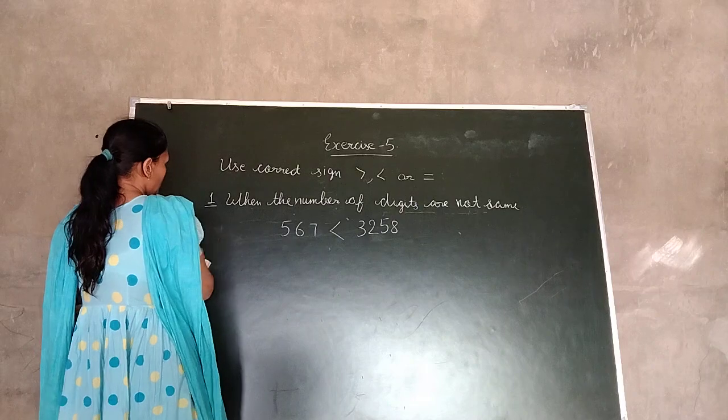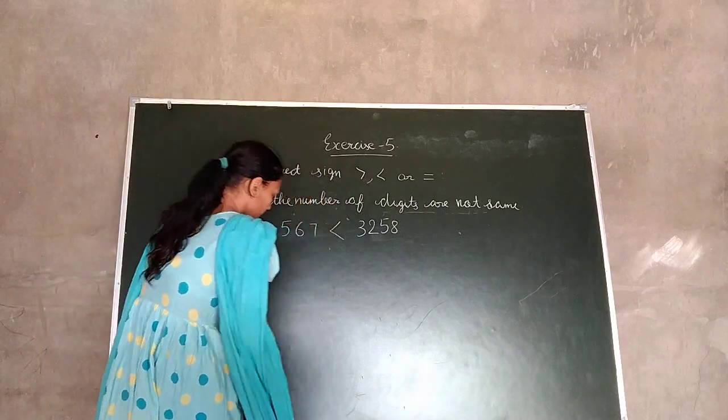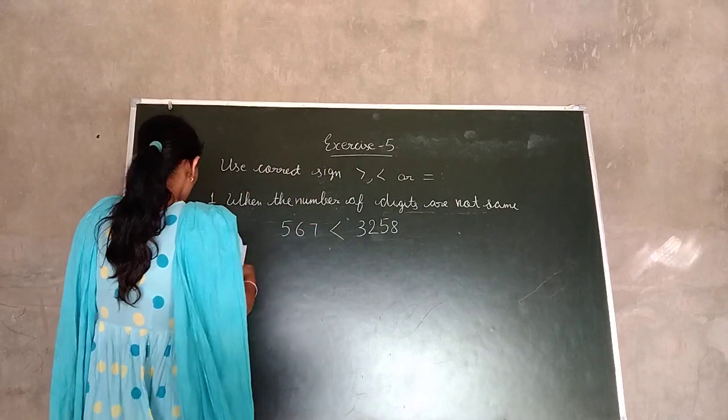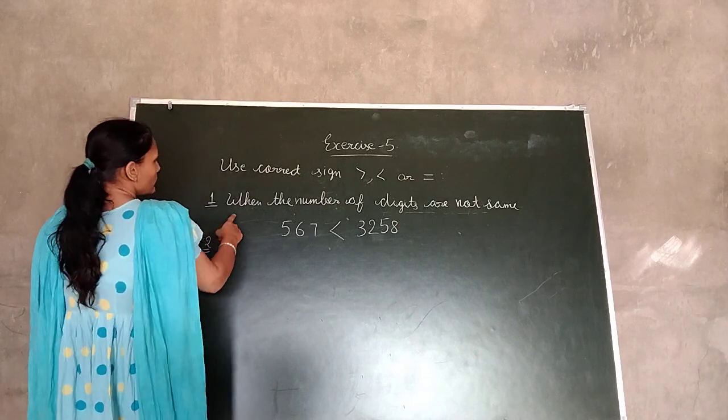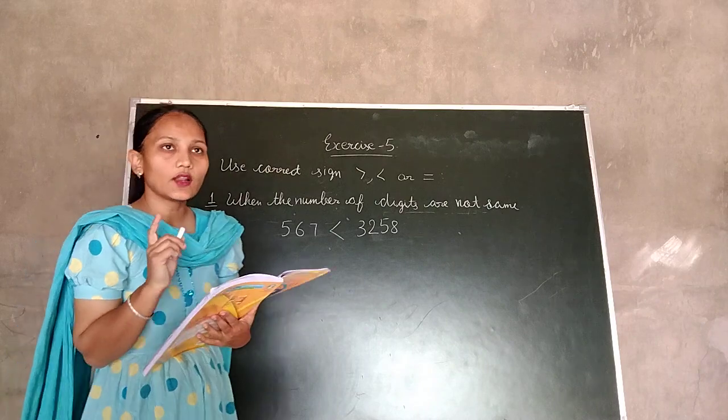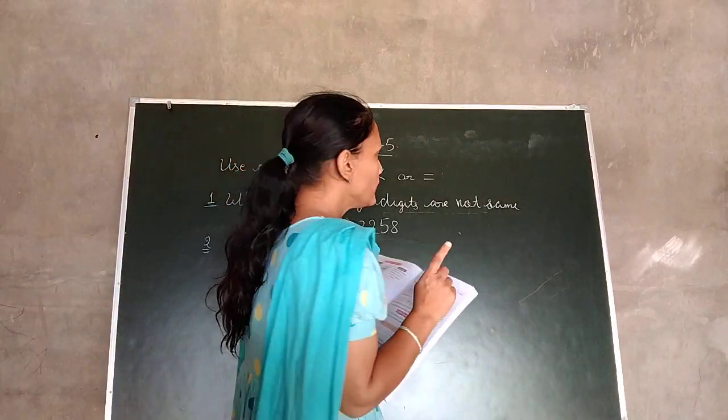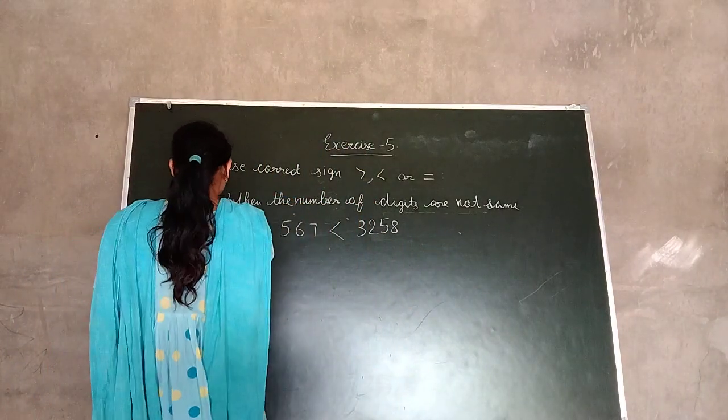Then the next concept is when the number of digits are same. First is when the number of digits are not same. Second is when the number of digits are same.